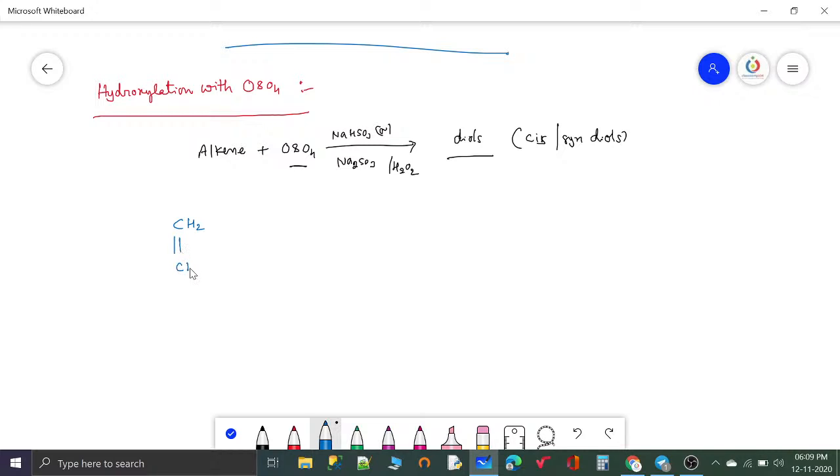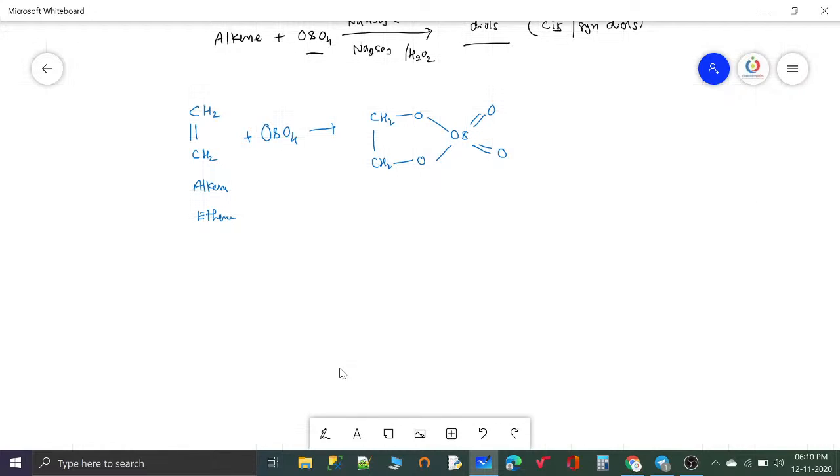CH2=CH2. This is an alkene, ethene. The IUPAC name is ethene, the common name is ethylene. On reaction with osmium tetroxide, it gives this molecule: CH2, CH2, oxygen, oxygen, osmium. Here people may get confused about how this intermediate compound has been formed. It is very simple. You just see CH2 and CH2.